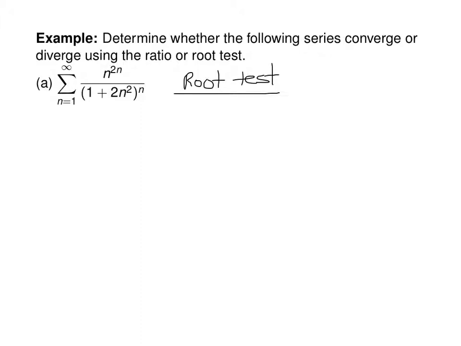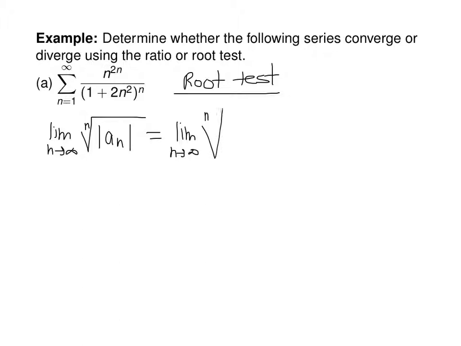So for that, we find the limit as n goes to infinity of the nth root of the absolute value of the terms. So the nth root of n to the 2n over 1 plus 2n squared to the n.